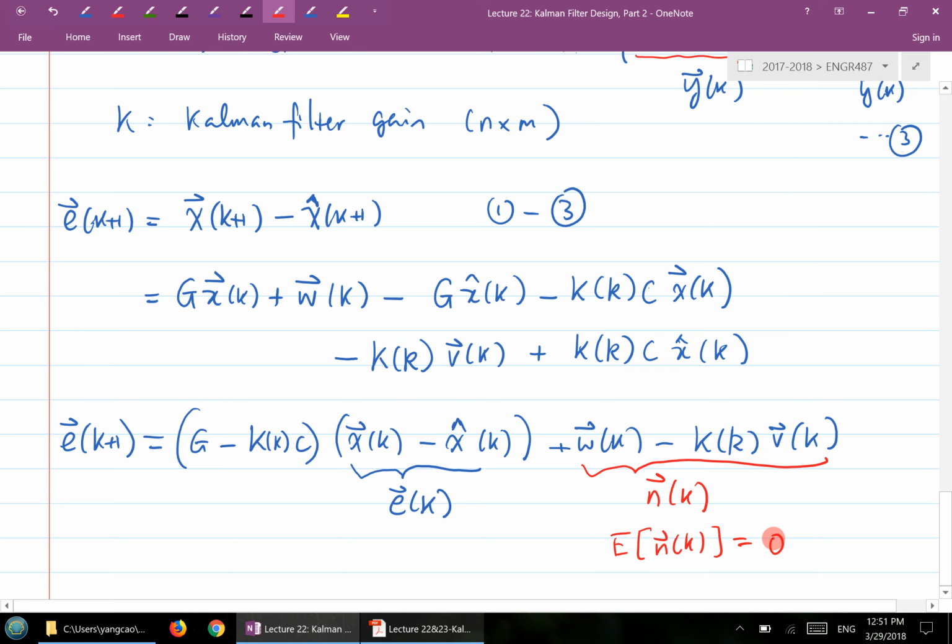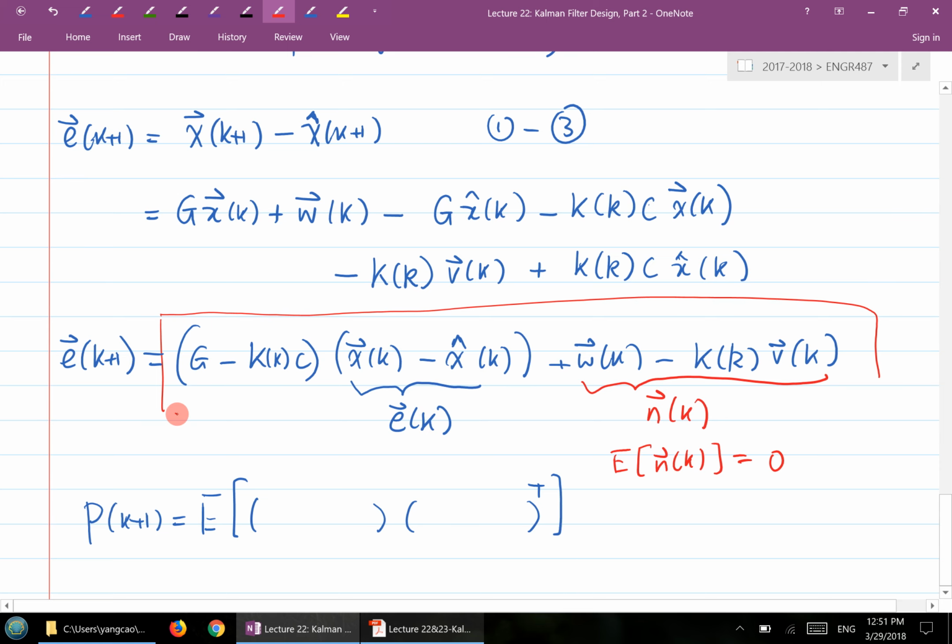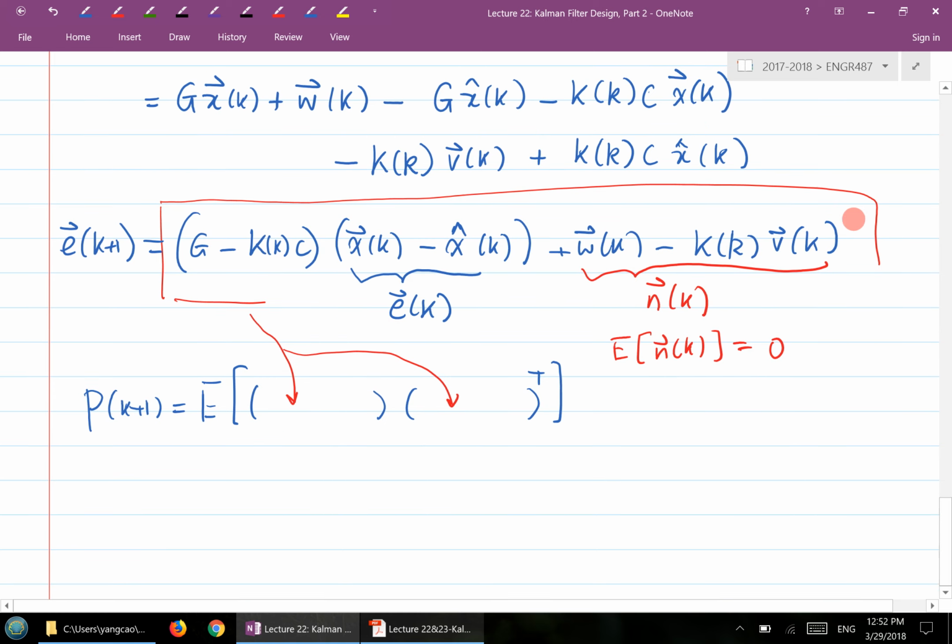Good. So now all I need to do next is remember the P matrix, which is the expected value here. This is the whole expression for E here, so you substitute over here and over here. And I can write one more step here.